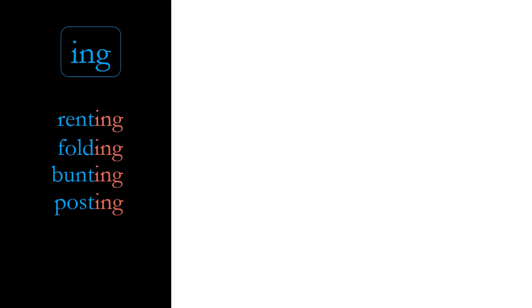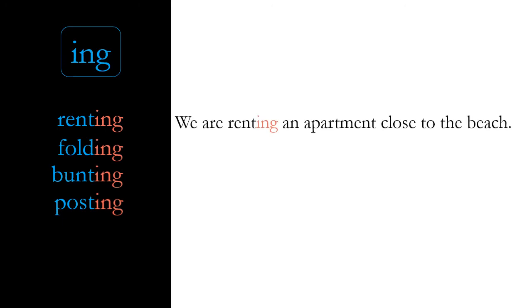Ing can talk about things that are happening now. We are renting an apartment close to the beach. And John is posting signs for the festival. And again, I want to make it clear, these ing suffixes can do a lot of other things, but we're only focusing on this right now, okay?